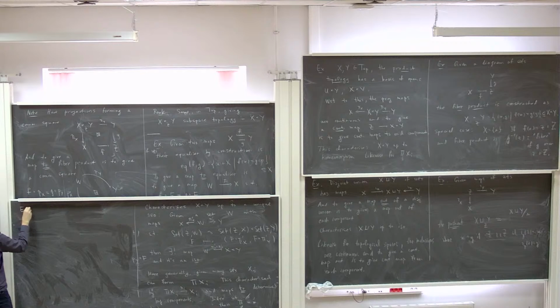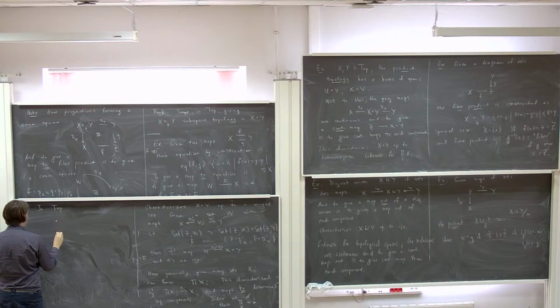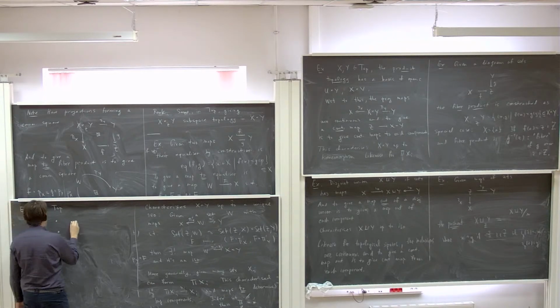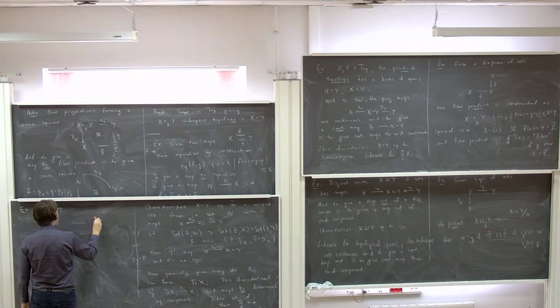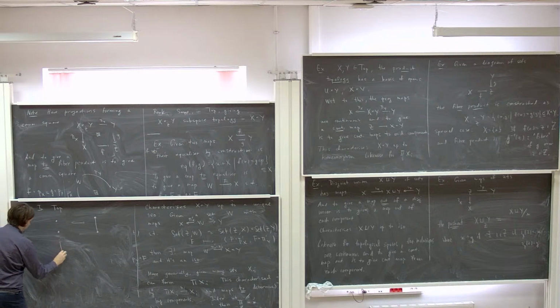So let me give a very specific example. In topological spaces, if I take 2 points, that's a discrete space, included into an interval, and I map also to a single point.